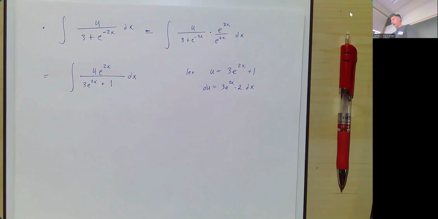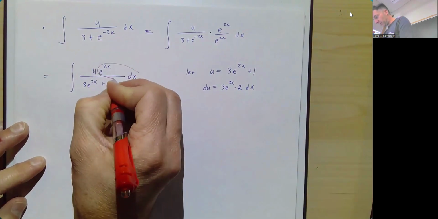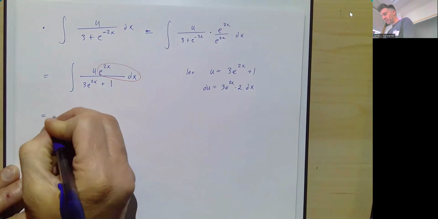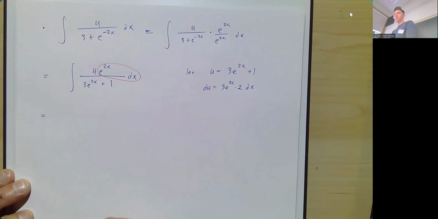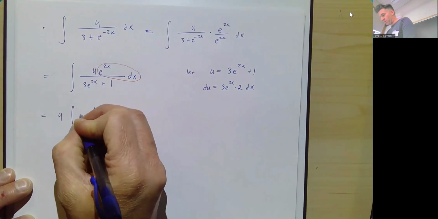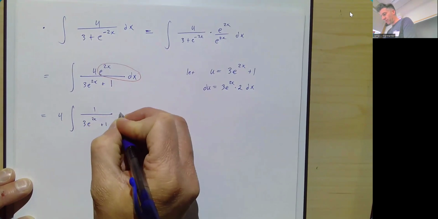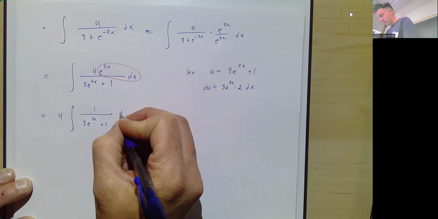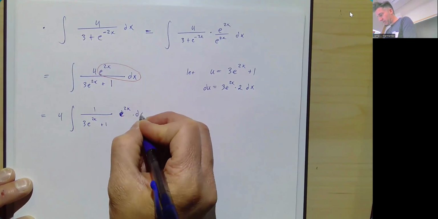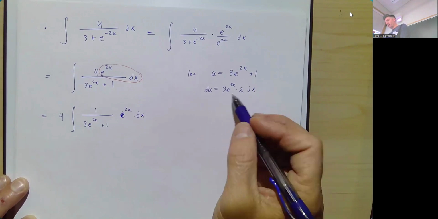And then I see an e to the 2x times dx. So I'm going to rewrite this as, I'd probably pull the 4 out in front. That seems natural to me. 4 integral of 1 over 3e to the 2x plus 1 times e to the 2x dx. And then I would take this du over here and isolate the things on the right-hand side that I want.